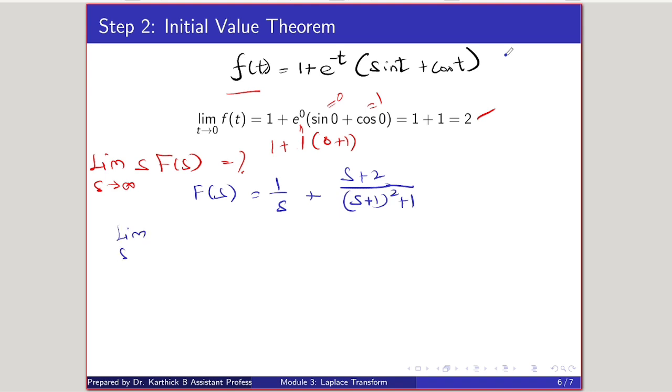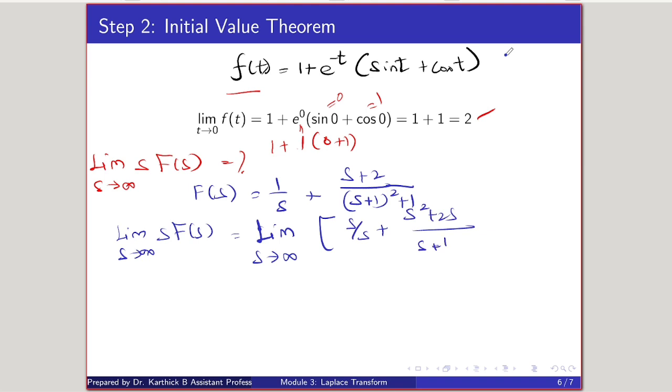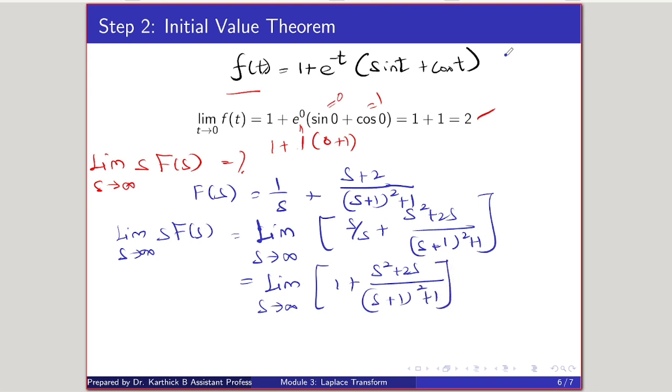So I am going to multiply s with this function and also take the limit. So it will be s plus s by s, then s square plus 2s divided by s plus 1 whole square plus 1. So in the next step I will get the limit s tends to infinity of 1 plus s square plus 2s divided by s plus 1 whole square plus 1.